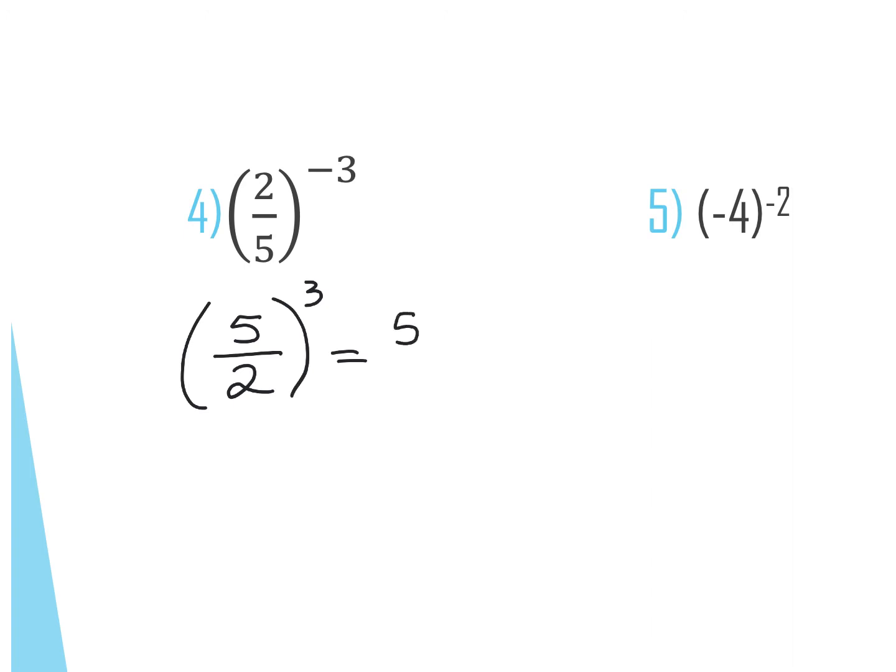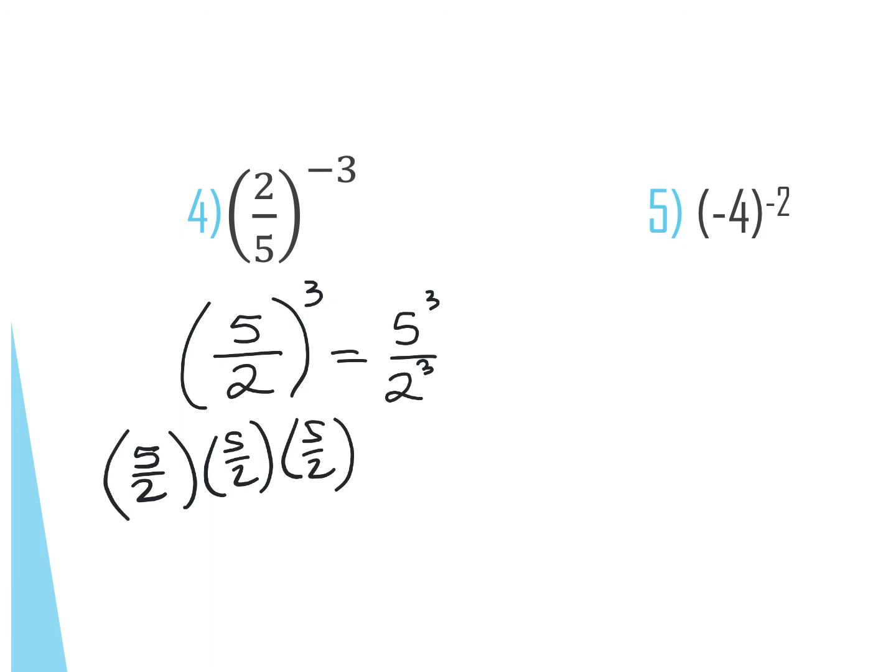So it would become 5 to the 3rd and 2 to the 3rd. Or again, you could think of it as 5 over 2, 5 over 2. Multiply all this out. 5 to the 3rd power is 125. 2 to the 3rd power is 8. I am okay with you leaving it improper. We don't need to make it a mixed number or a decimal.